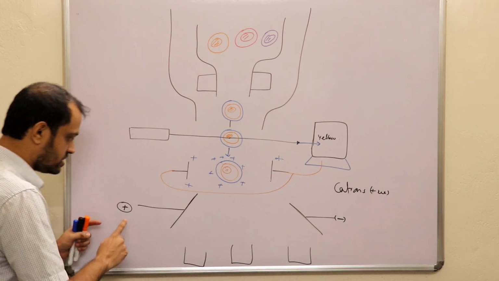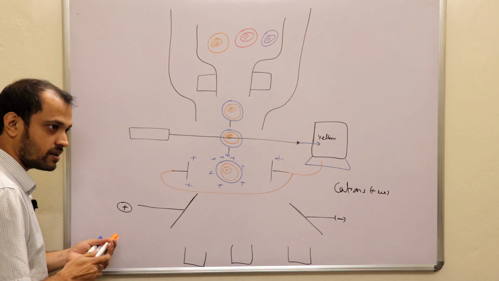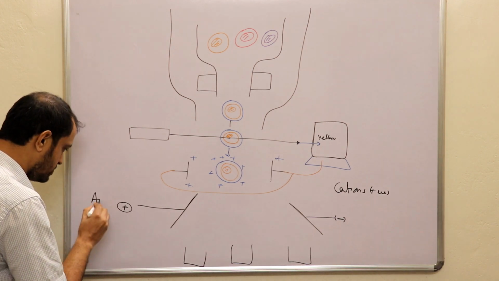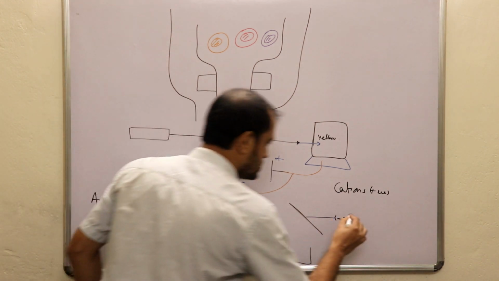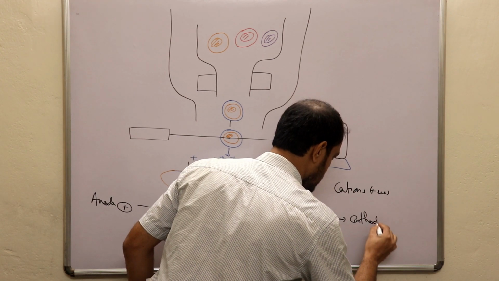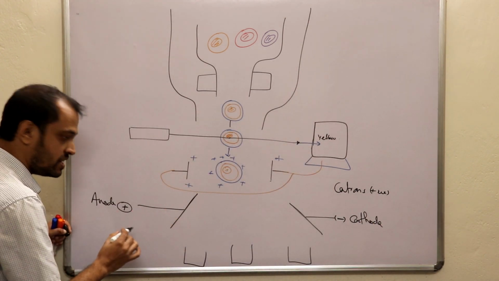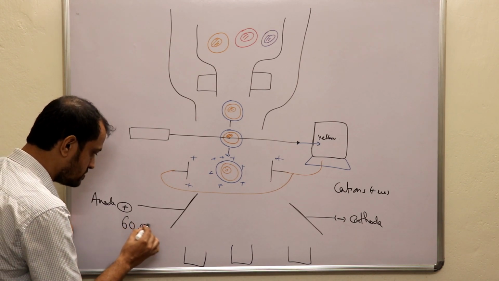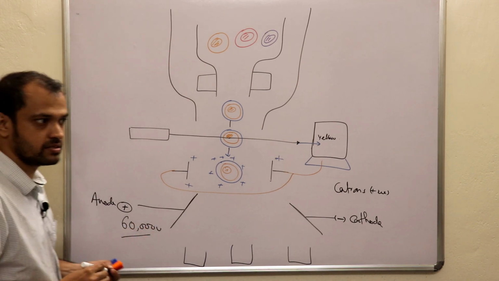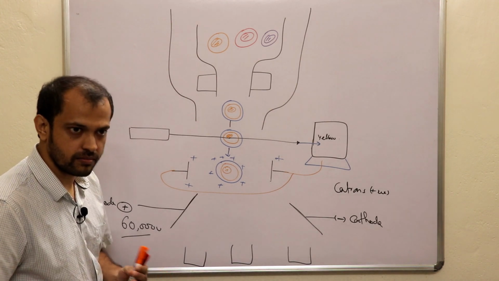Now listen. So this is your anode. This is your cathode. The potential difference between these two plates is 60,000. It's a very big potential difference. Why is it important?